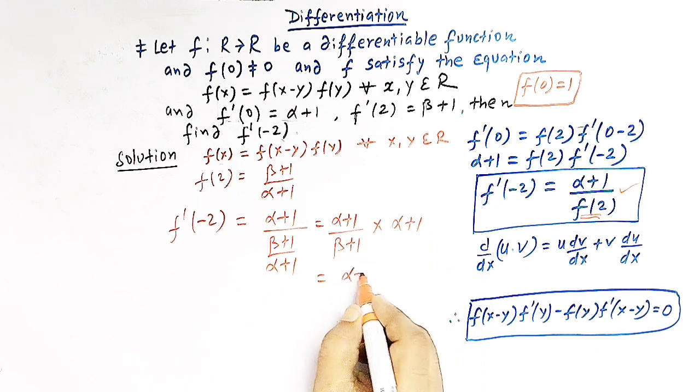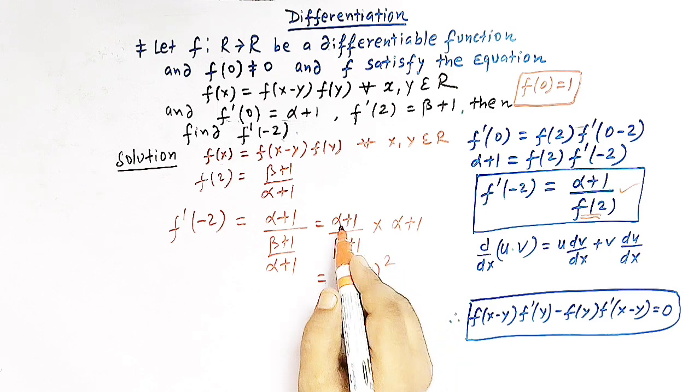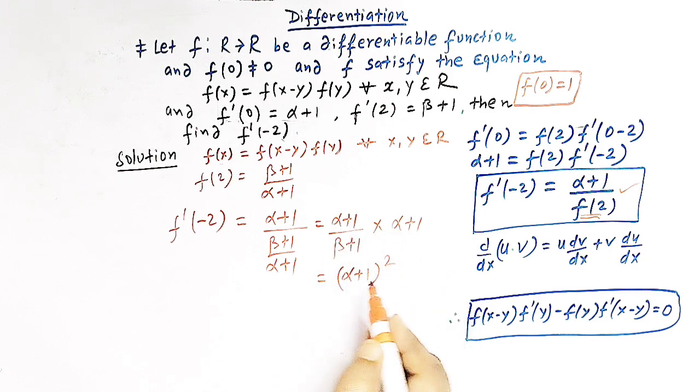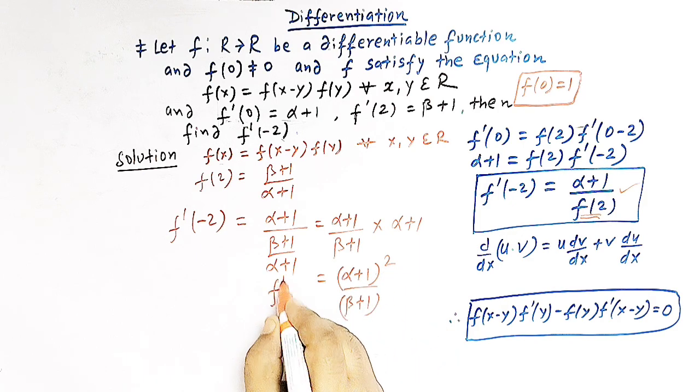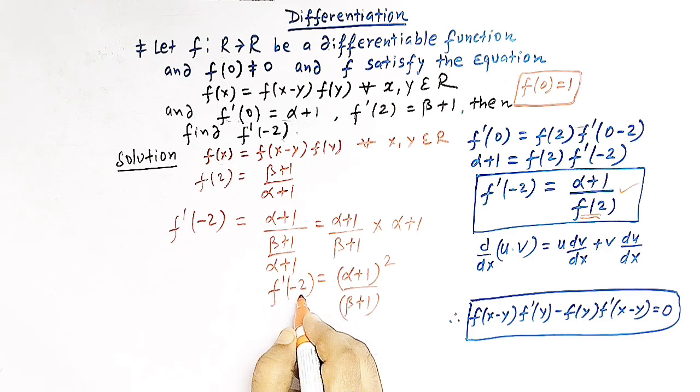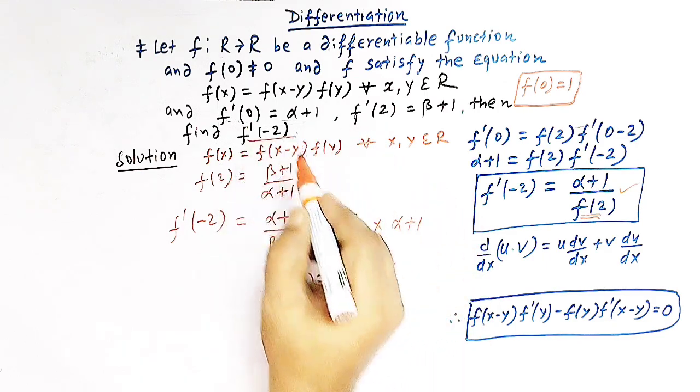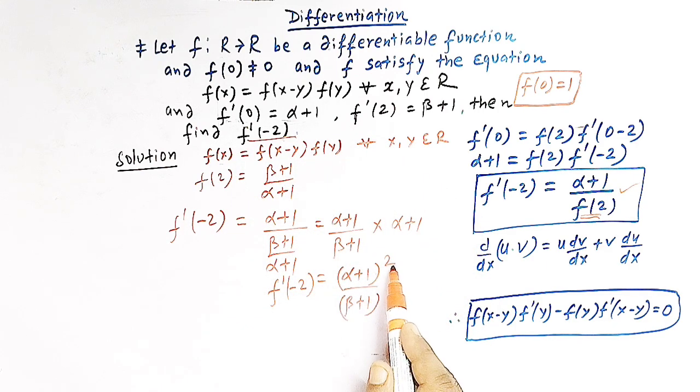So this is (α + 1) squared. Here we have β + 1. So the value of f′(−2) is given as (α + 1)² divided by (β + 1).